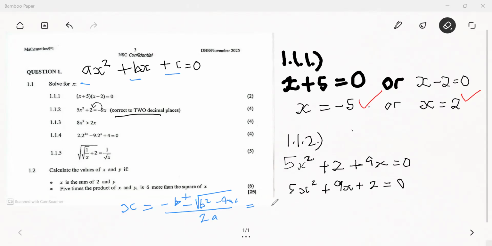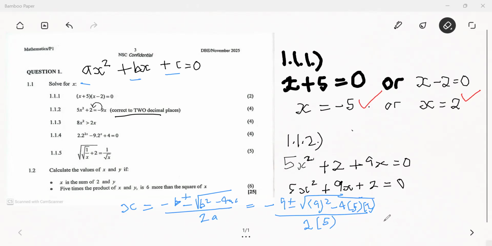So now you just substitute: -9 ± the square root of b squared, which is 9² - 4 times the a value 5 times the c value 2, all over 2a, 2 multiplied by a, which is just 5.